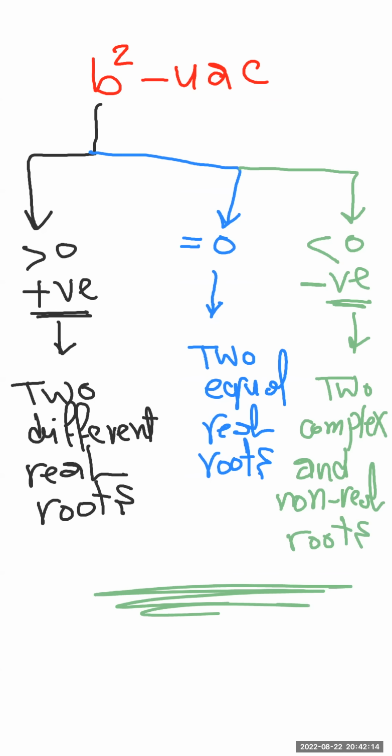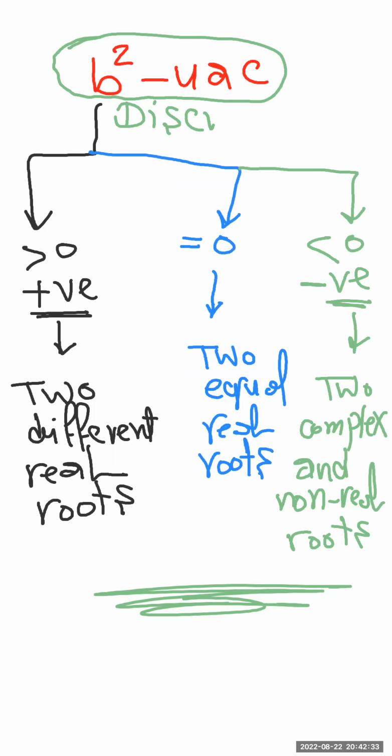So first, again, to determine the types of the roots of the quadratic equation, we have to use this formula from the general formula, b squared minus 4ac, and this formula is the discriminant. If its numerical value is greater than 0 or positive, this means two different real roots.